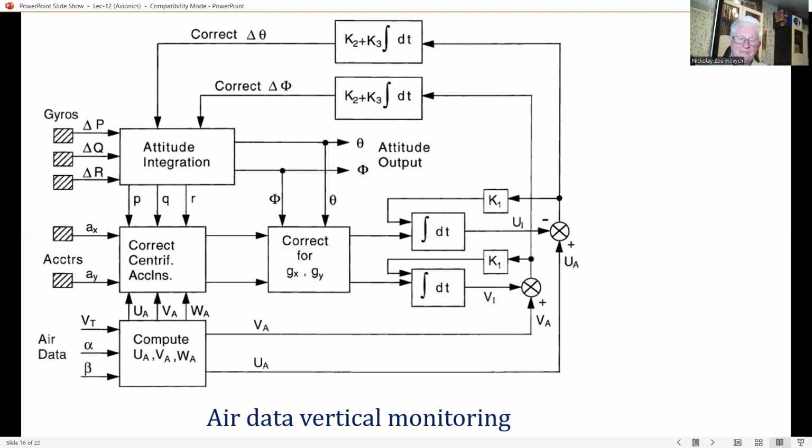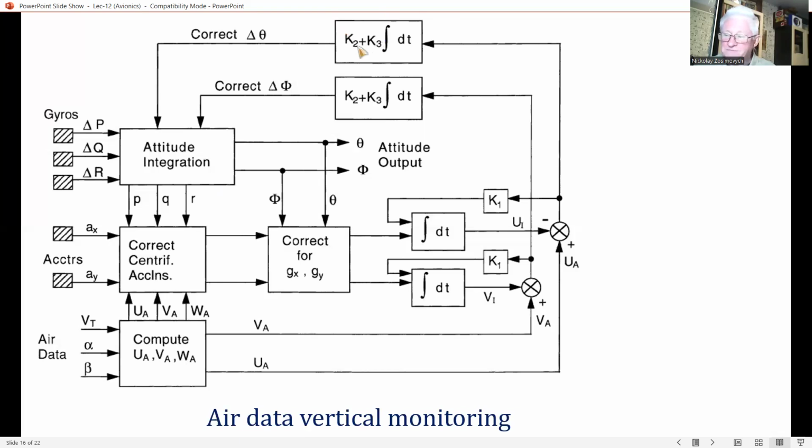In this case, proportional plus integral control will be expressed as K2 times the velocity error plus K3 times the integral with respect to time.